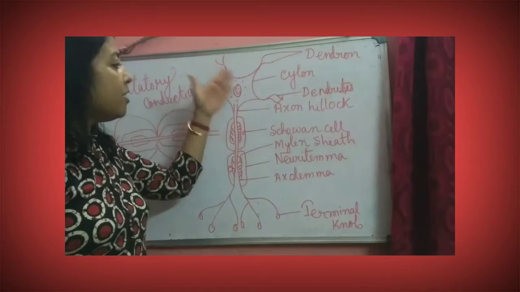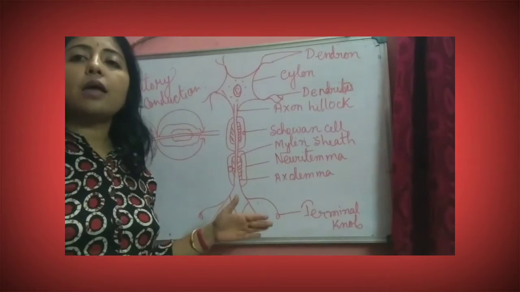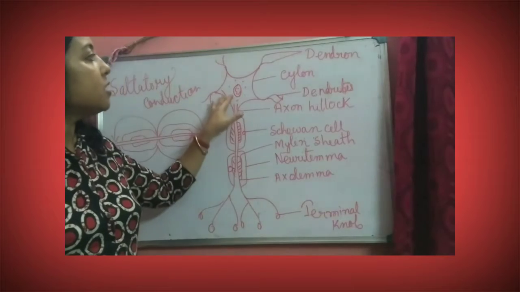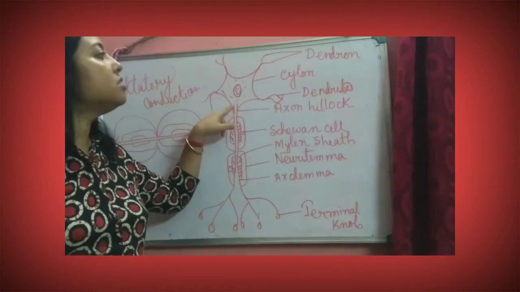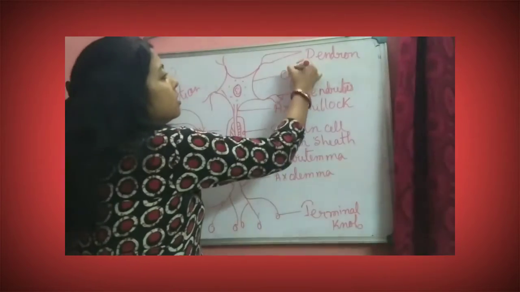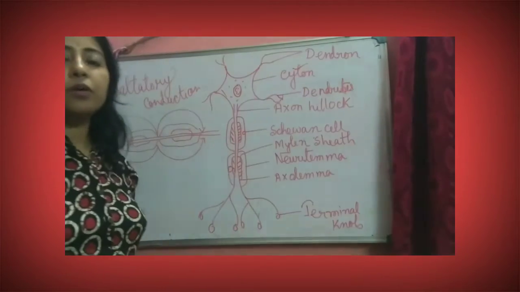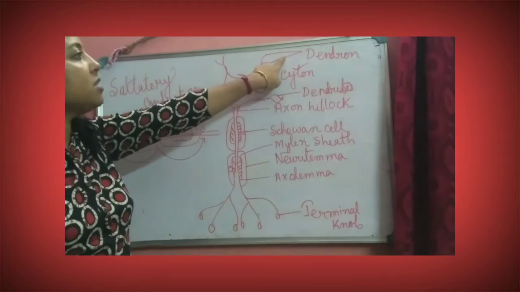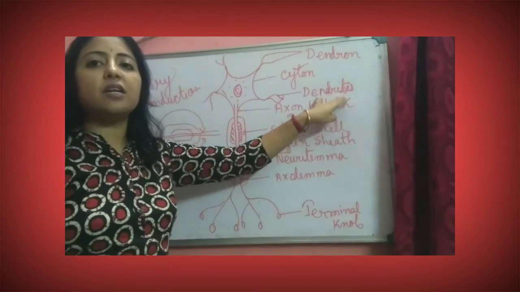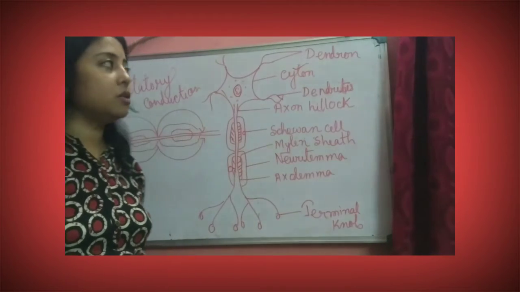I have drawn this picture for describing the structure and function of this part. The first part, which is looking like a star, is known as cyton or the perikaryon. And here the small branches are present. The small branches are known as dendrites, which is collectively known as dendron.